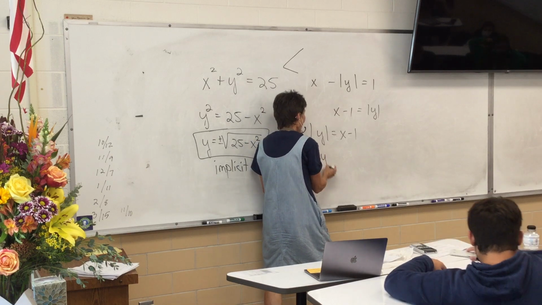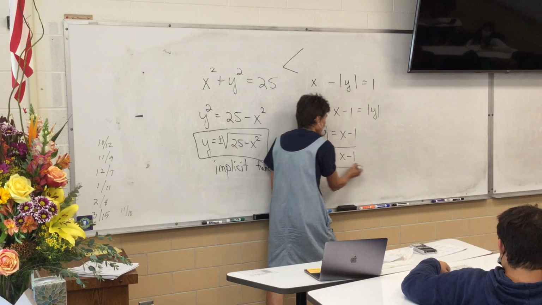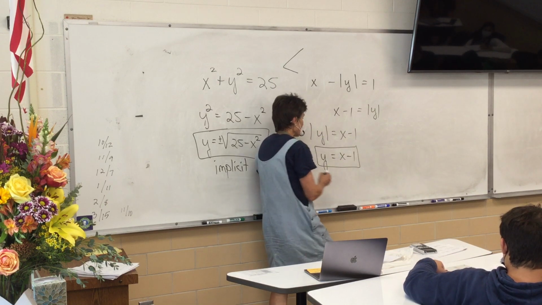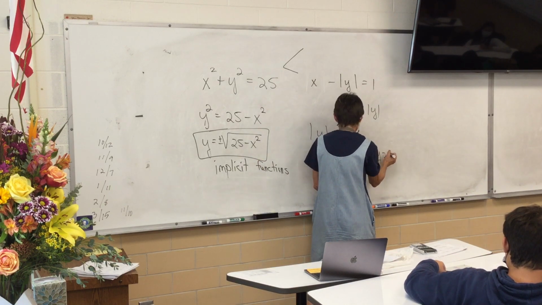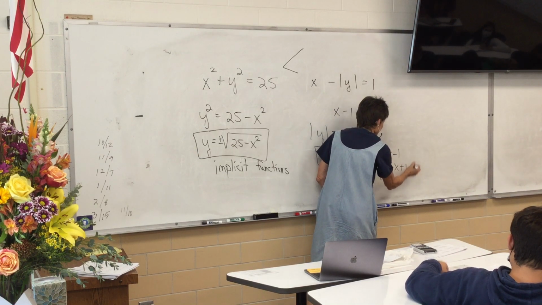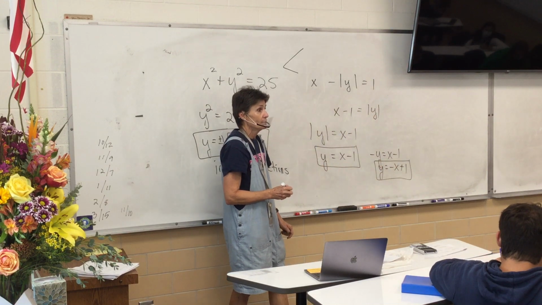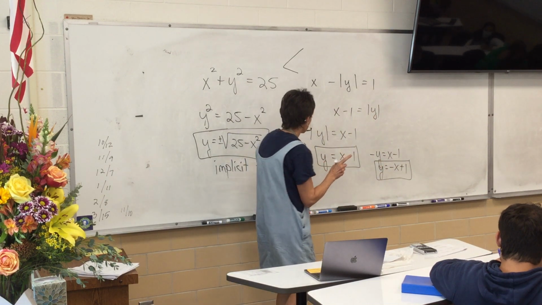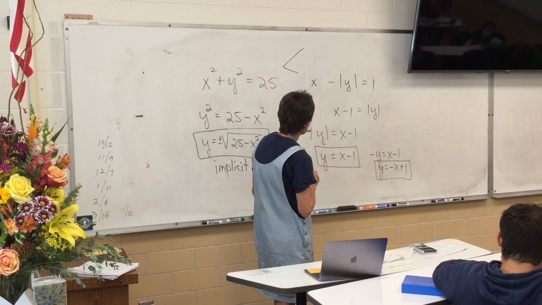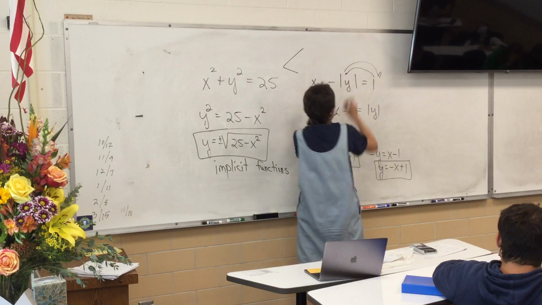So y equals x minus 1 would be one of my implicit functions, and negative y equals x minus 1, or y equals negative x plus 1, is my other implicit function. Would it be a negative x, because you put the x over? Oh, never mind. I went this way.